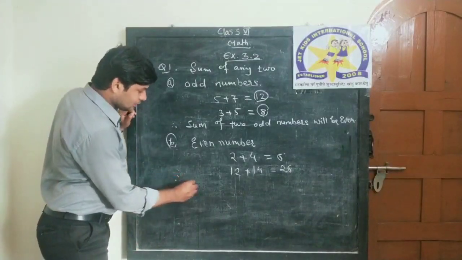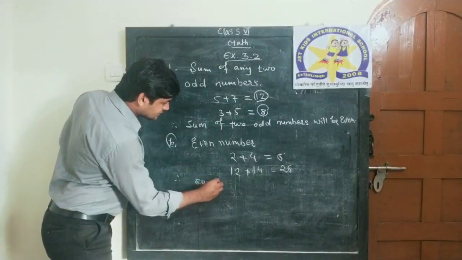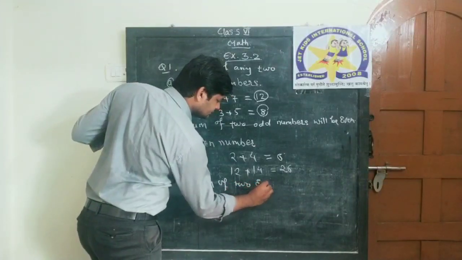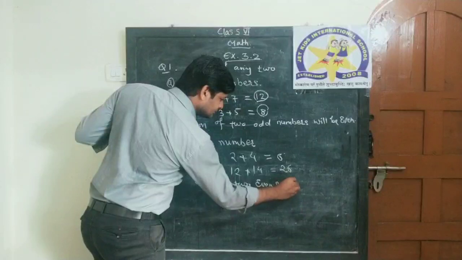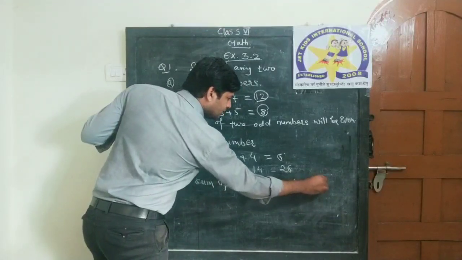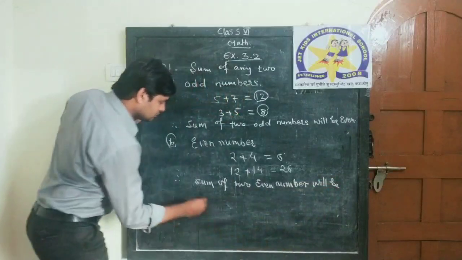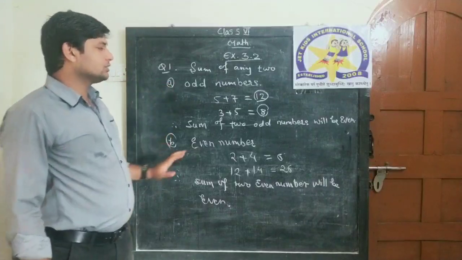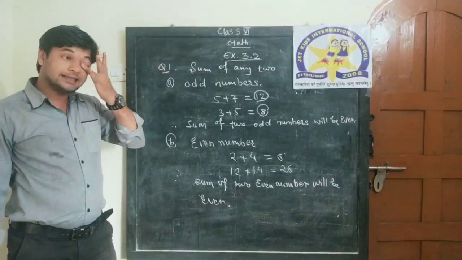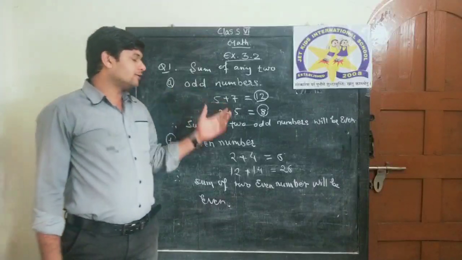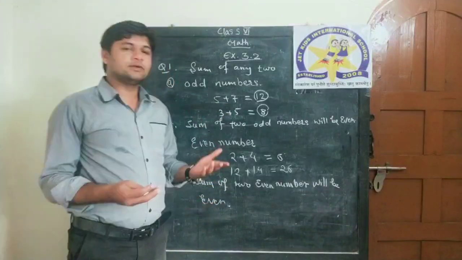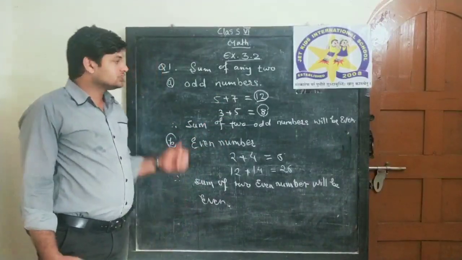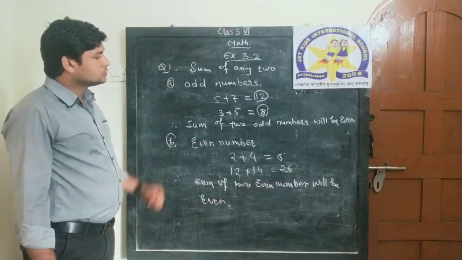So here I am writing: sum of two even numbers will also be even. So we did an experiment with odd numbers and even numbers: what we get when we add two odd numbers, and what we get when we add two even numbers. This is how we solve our first question.